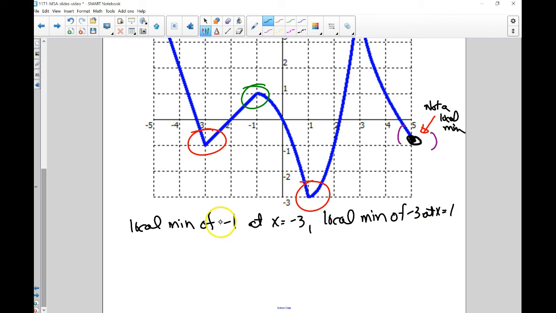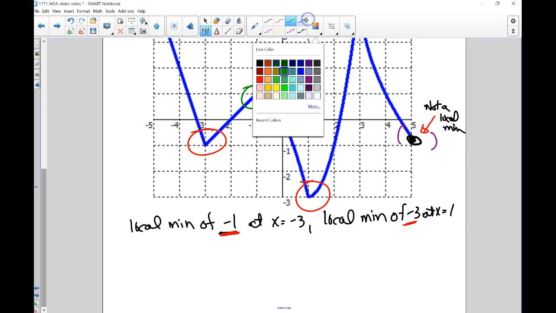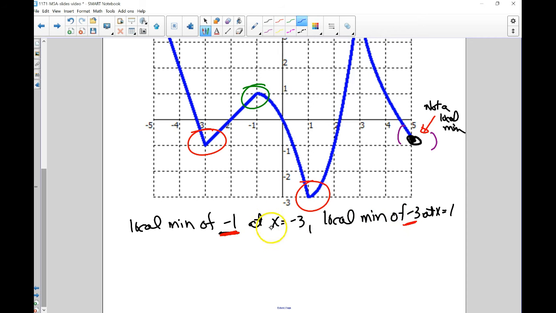Now notice that in my language here I'm saying the y value first, and then I'm saying the x value. That's because again, the min or max is a y value, and then you say it occurs at this. You can also use a point if you want. You can say local minimum at this point. This language is a bit more clear.